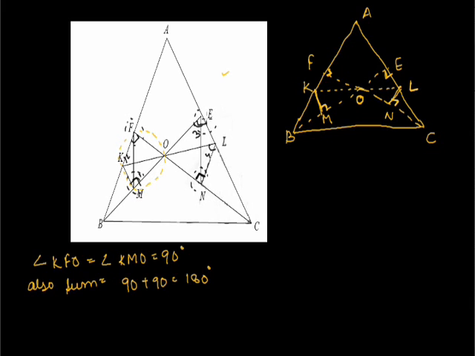Similarly here this is 90 degree and this is 90 degree. Sum is 180 degree. So ONLE is also a cyclic quadrilateral. So I'll be writing it as KMOF and ONLE are cyclic quadrilaterals.